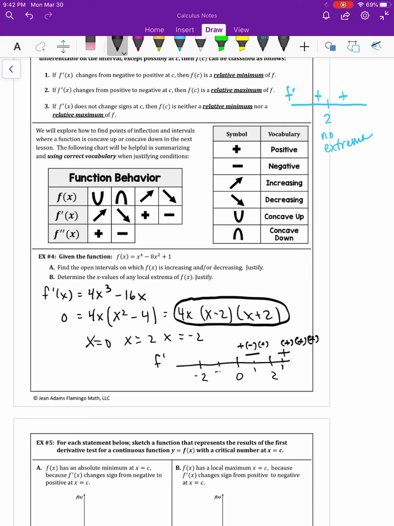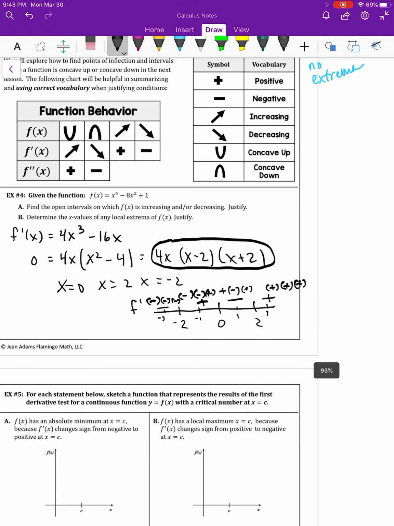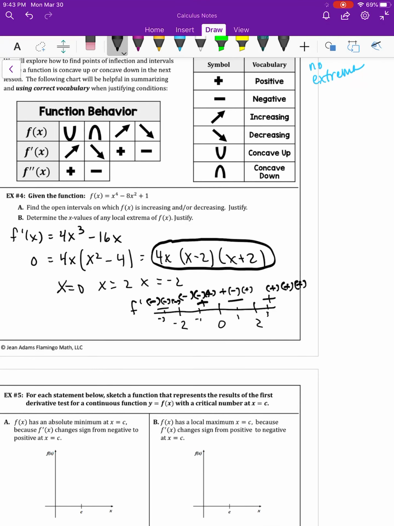If I put a 3 in, I would have a positive times a positive times a positive, which would give me positive. If I put a negative 1 in, I would have a negative times a negative times a positive, which would give me positive. And if I put a negative 3 in, I would have a negative times a negative times a negative, which is negative.